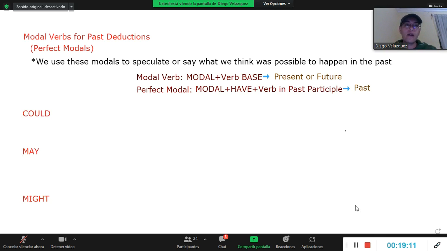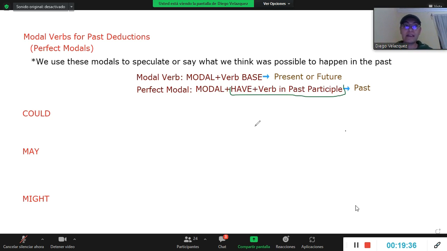Now, these modal verbs are going to be with this structure. Could plus have plus verb in the past participle, may have and past participle, might have and past participle. And well, kids, why did I choose these three in specific?